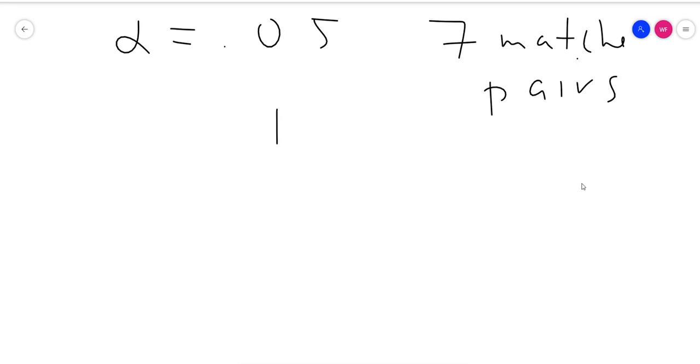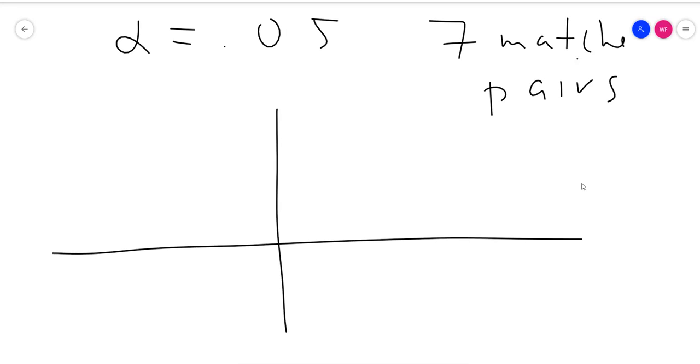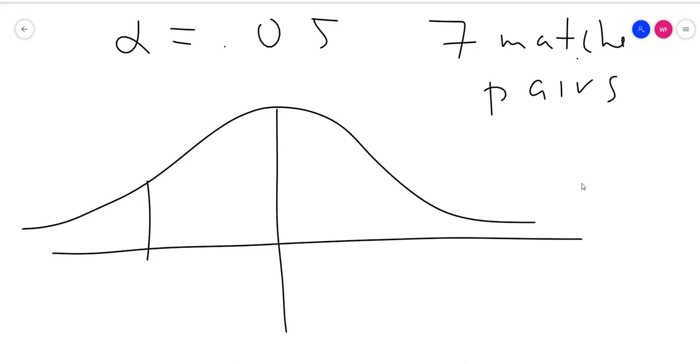Now here's the picture that goes with this. The critical t-values would be here and here. I'll call it t-crit, and here's t-crit. Now there's 2 of them because it's a 2-tailed test. That's what they ask in the homework.